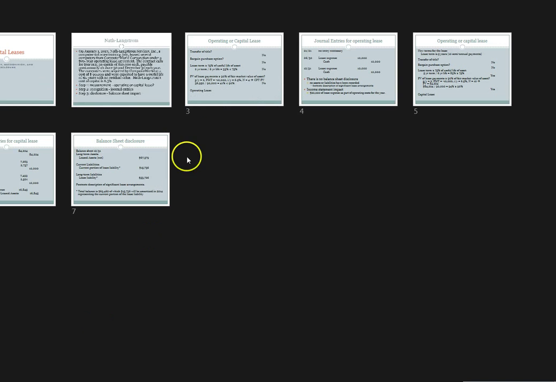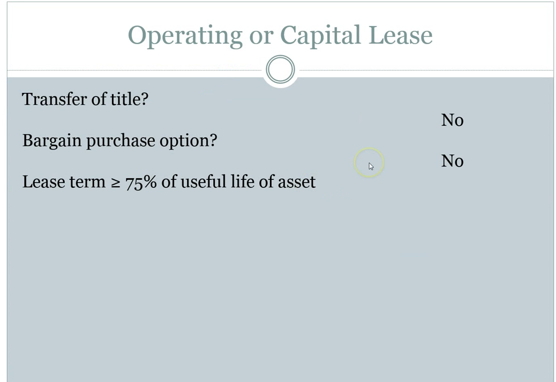And so the answer to the question is, 2 out of 6 greater than or equal to 75%? No. 2 out of 6 years is only 33%, which is clearly less than 75% of the expected useful life. In essence, we are simply not making use of a major portion or a significant portion of the life of the asset.